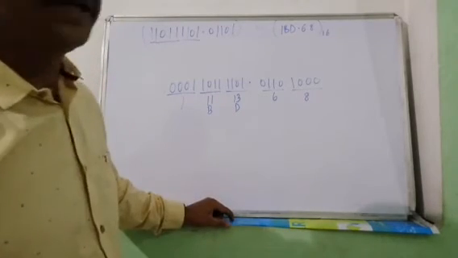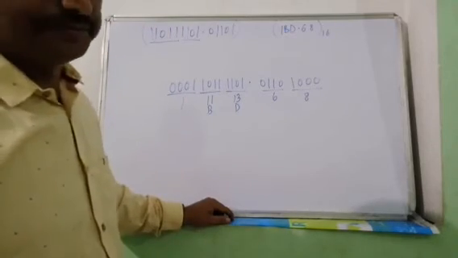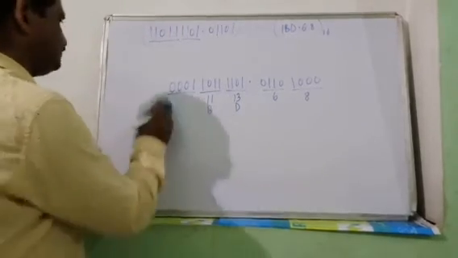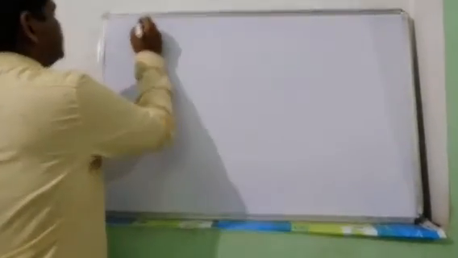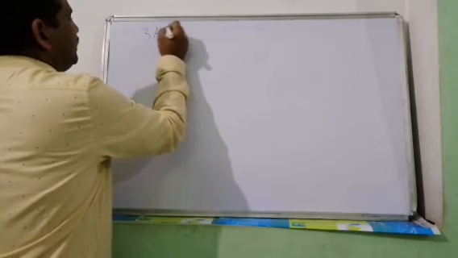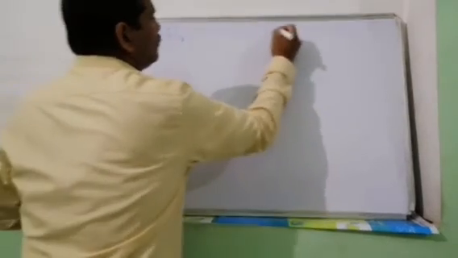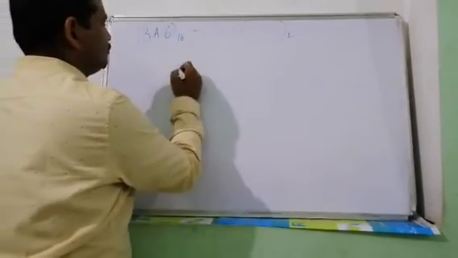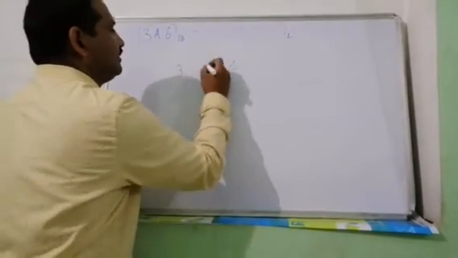In the same way we can convert the hexadecimal number system to the binary number system. So let us see. 3A6, hexa to binary. A means 10.